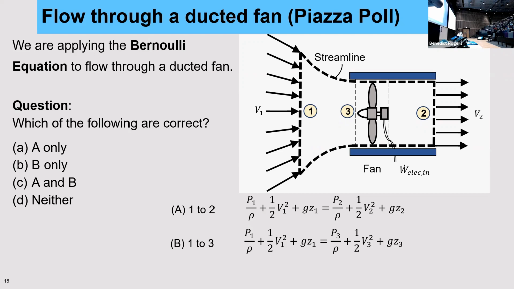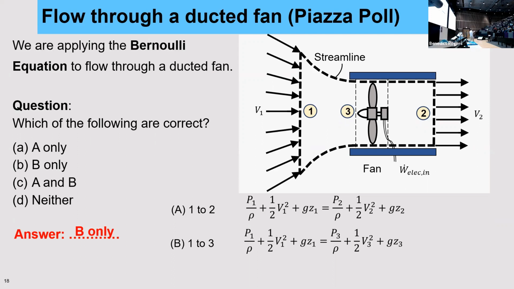However, there's a few who are saying we could apply it to A and B, and some saying neither, I'm not applying Bernoulli at all. That's very good. I'm quite happy with that result, because the answer is B only.